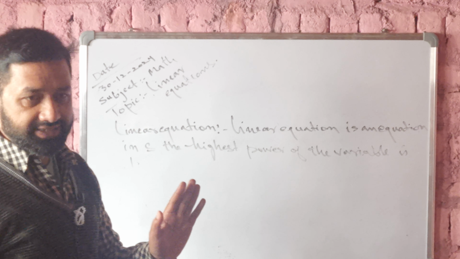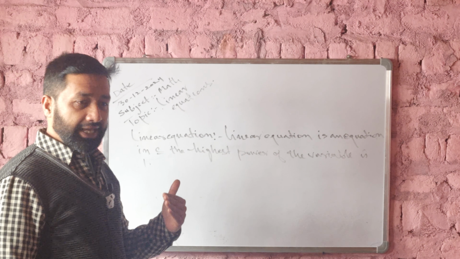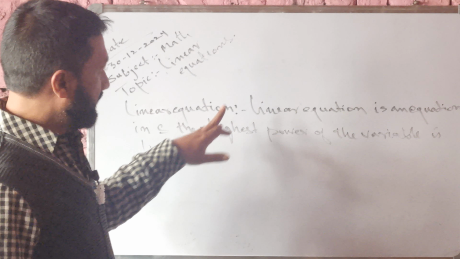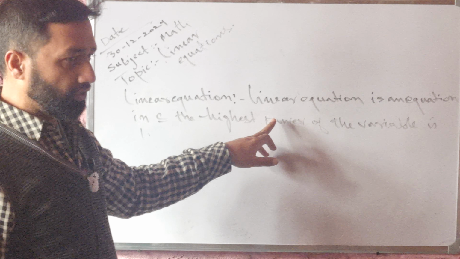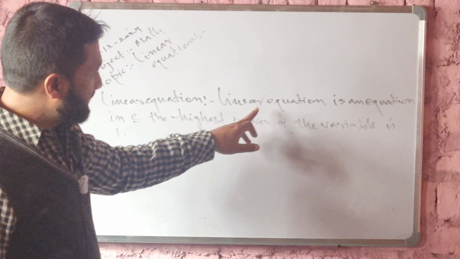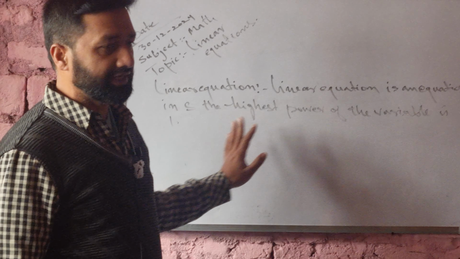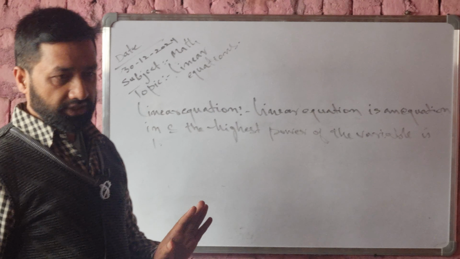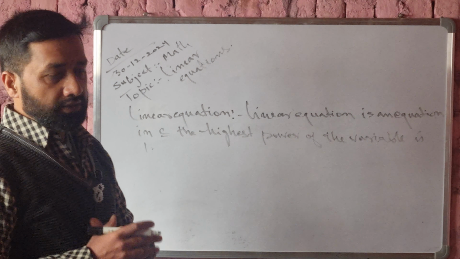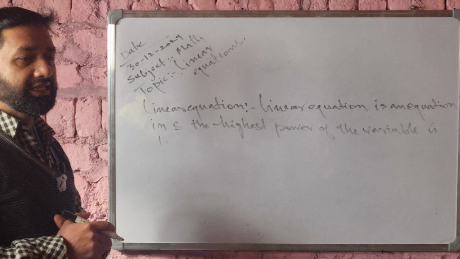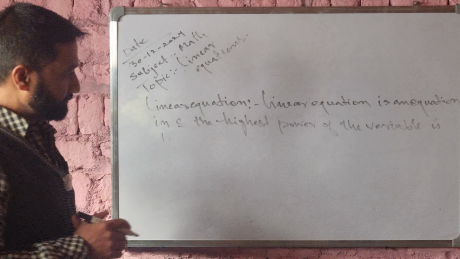It does not exceed 1, or you can say the exponent of the variable does not exceed 1. I repeat for the sake of your better comprehension: a linear equation is an equation in which the highest power of the variable is 1. Is that clear to you? Yes, sir.